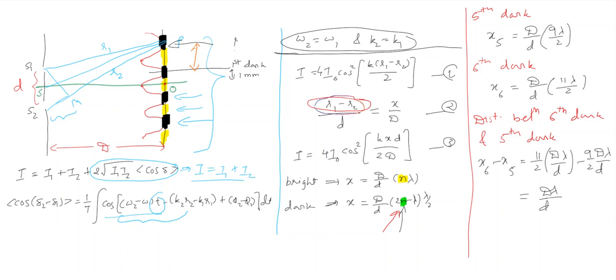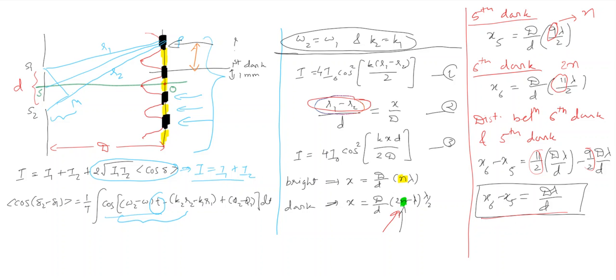Now actually this is not the proper way of concluding, because we have specifically taken the case of the 6th and 5th dark, but you can always take the nth dark and the n plus 1 dark. In that case, you will have 2n plus 1, and if you replace these terms, you will end up with the same result.